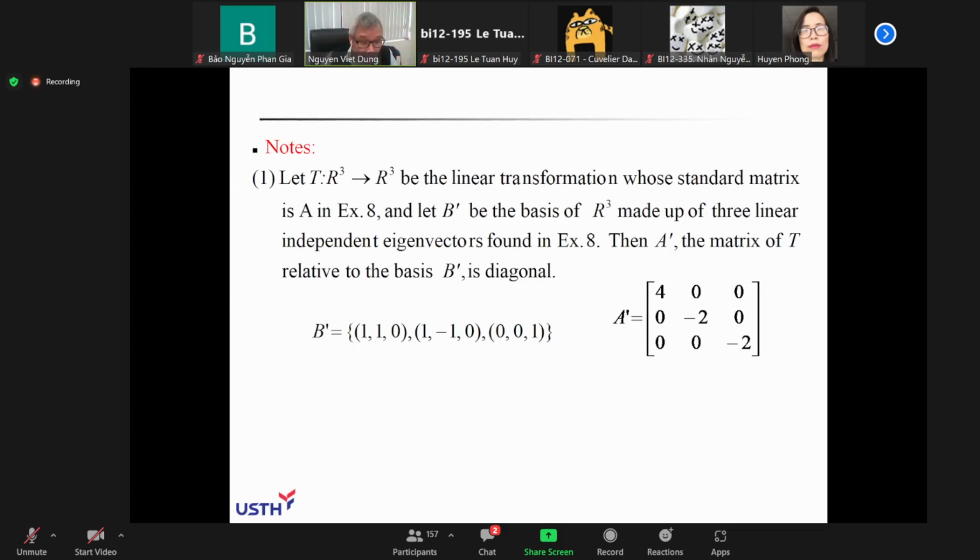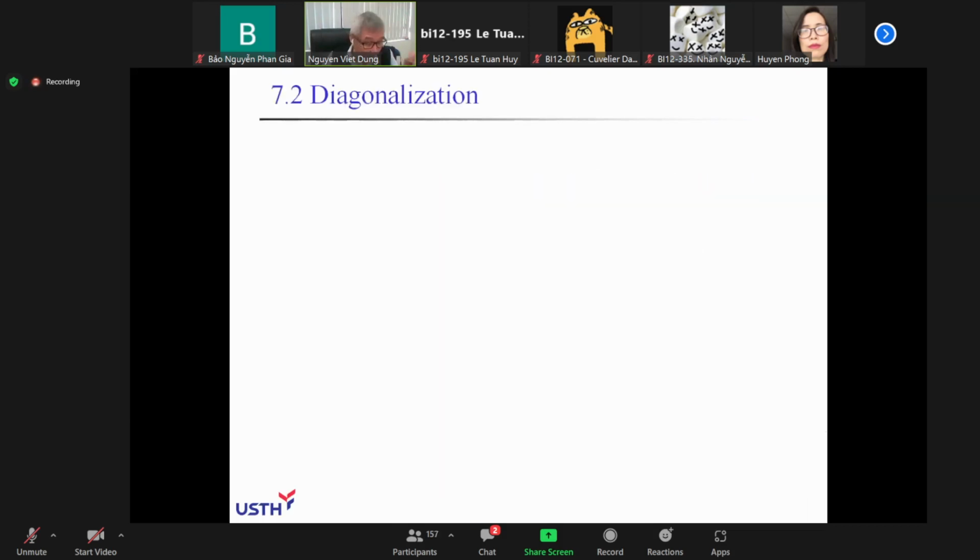In case we choose a basis consisting of eigenvectors, then the matrix of the linear transformation will be in diagonal form. And more than that, the entries lying on the main diagonal will be the eigenvalues of the matrix A.